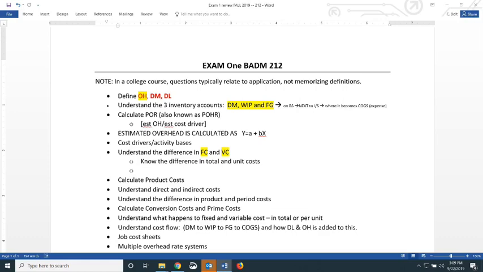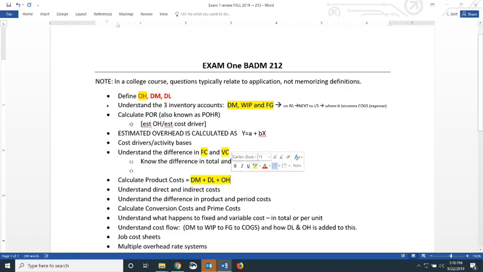So let's move forward and talk about calculating product costs, because these are all connected topics. Product cost is actually equal to direct materials plus direct labor plus overhead. Sound familiar? So you can ask, what are the total direct materials, direct labor, and overhead for the product that I am making?